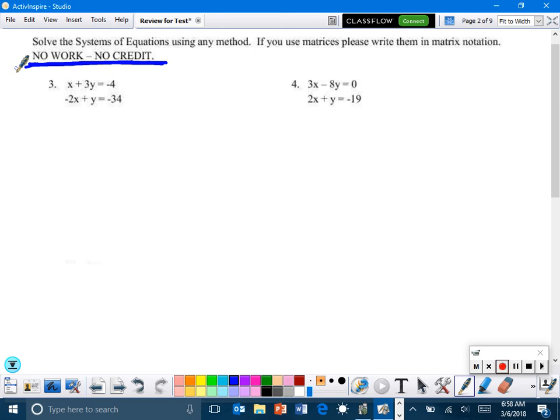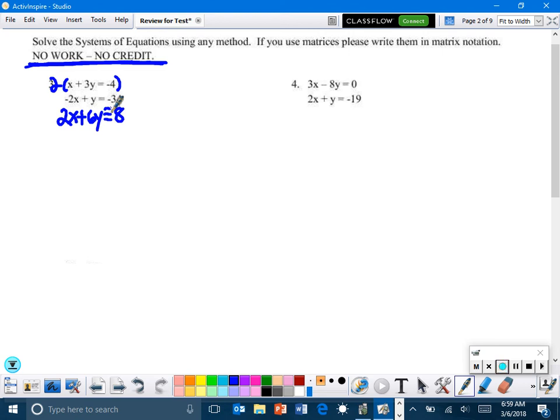Looking at number 3, I see I've got a negative 2x and I've got an x. So I want to eliminate the x. I need to change this top x to a 2x, so I'm going to multiply this by 2. I'm going to rewrite 2x, 2 times 3y would be 6y, and then 2 times negative 4 is negative 8.